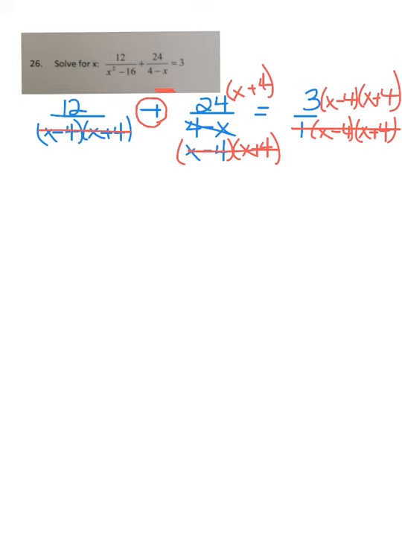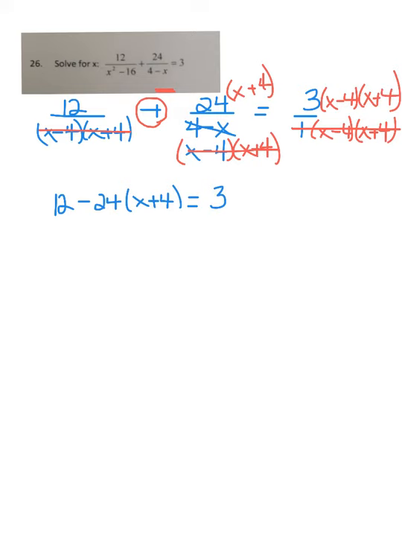All right, so why don't we rewrite this so it looks a little prettier now? So I've got 12 minus, because remember we changed the plus sign to a minus sign, then I have 24 times x plus 4 equals 3. Now, I really have x plus 4 times x minus 4, which is dots.